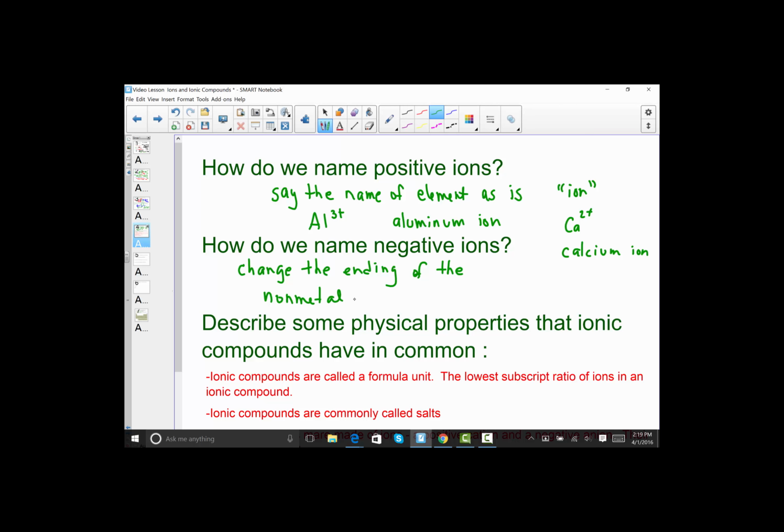Change the ending of the nonmetal name to an ending of IDE. Chlorine becomes chloride. Sulfur becomes sulfide. Fluorine becomes fluoride. Oxygen becomes oxide. Hear the negative ending with IDE.